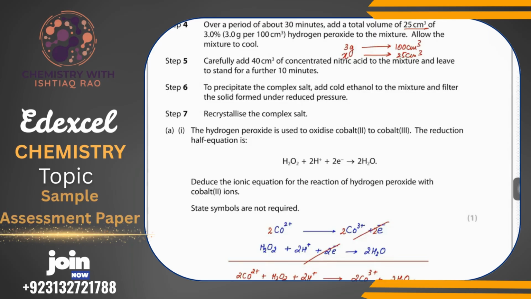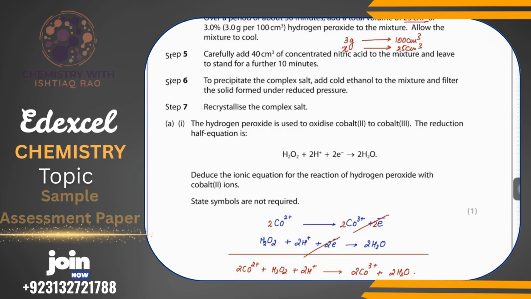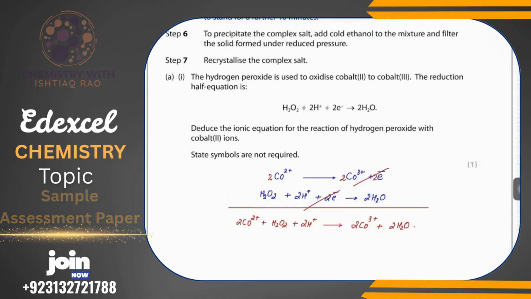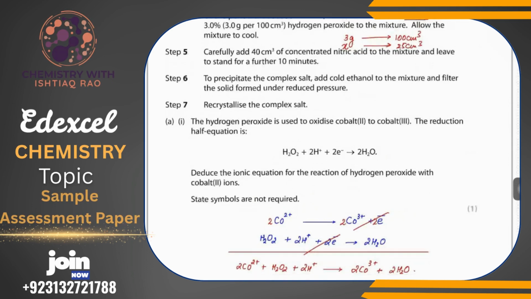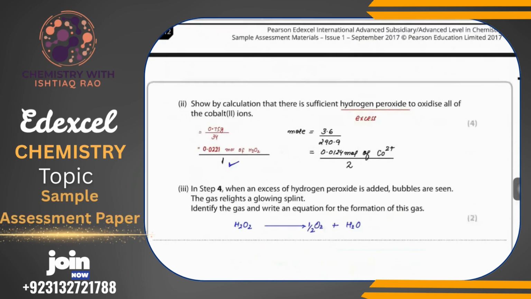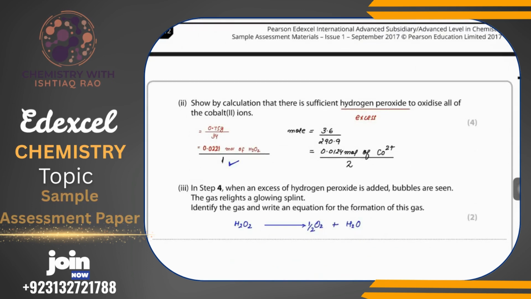This is done to precipitate the complex salt. Add cold ethanol to the mixture and filter the solid formed under reduced pressure. Yeah, you can say that. It's worth 2 marks, right?